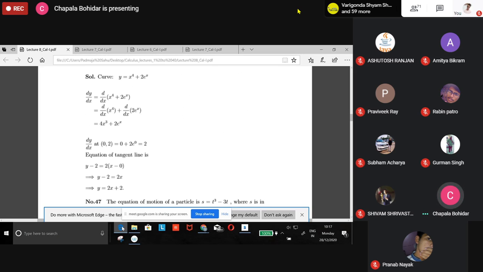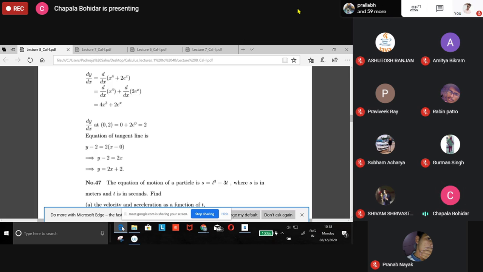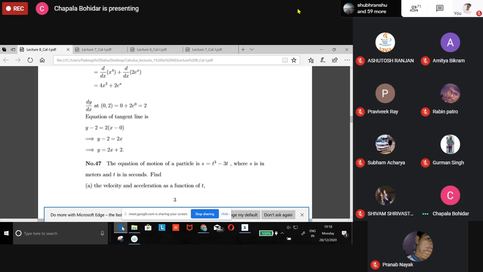The equation of motion of the particle is s is equal to t cubed minus 3t, where s is in meters and t is in seconds. Find a, velocity and acceleration as a function of t.